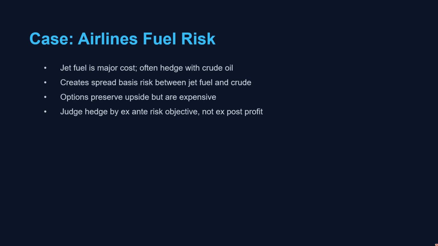That creates basis risk. The hedge instrument and underlying exposure do not move perfectly together. So even if the hedge is directionally sensible, the spread between jet fuel and crude oil can widen or narrow unexpectedly. This is a very common exam concept to remember. A hedge can be effective against broad market direction and still be imperfect because of basis mismatch.